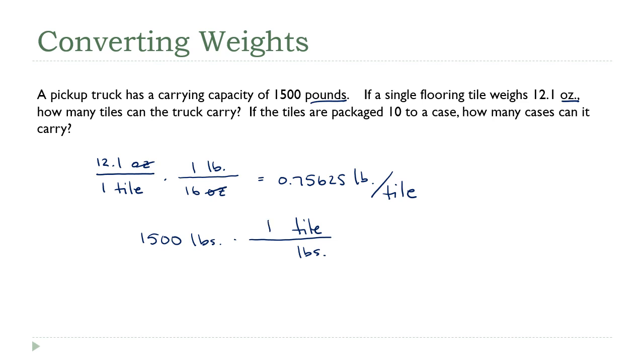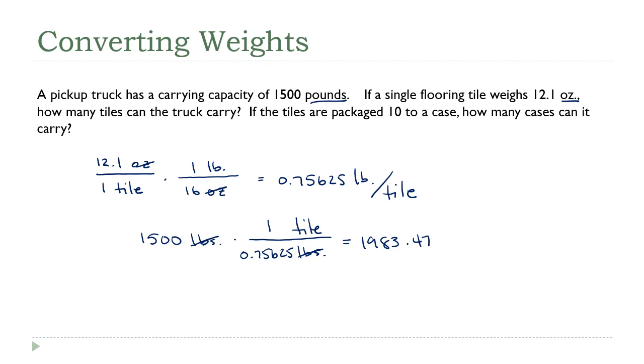So I have one tile. This is my conversion factor that I just calculated, 0.75625 pounds. And you notice here the pounds are going to cancel. And 1,500 divided by that decimal is 1983.47.